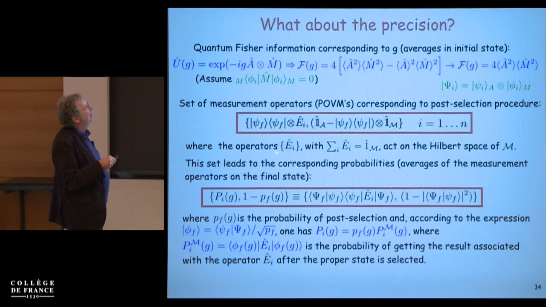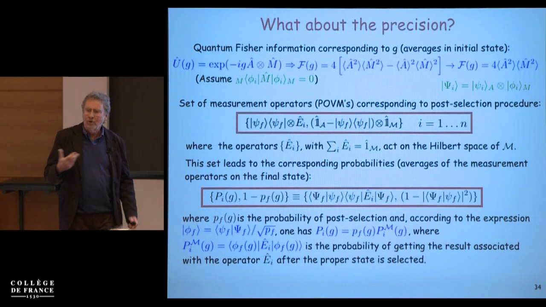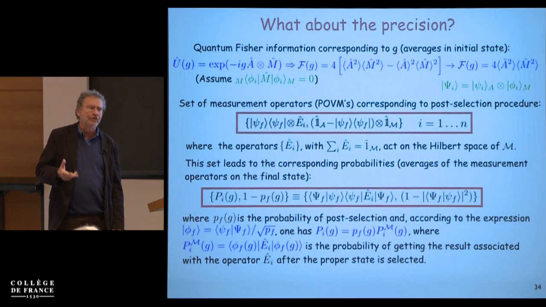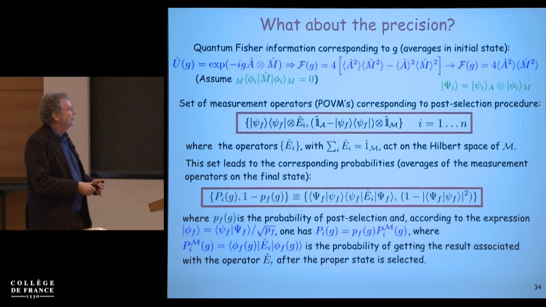You see, this is just the average of that in the final state, and this is the average of that in the final state. So now we have a set of probabilities, and again, to calculate the quantum Fisher information, or the Fisher information, say first, we turn the crank. We have the probability, so we can calculate the Fisher information.